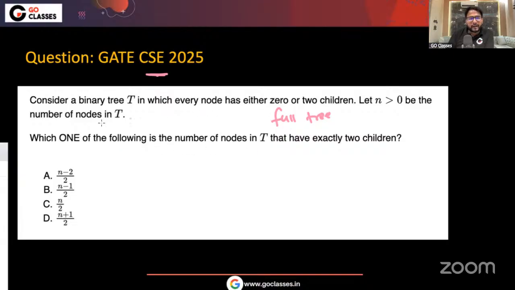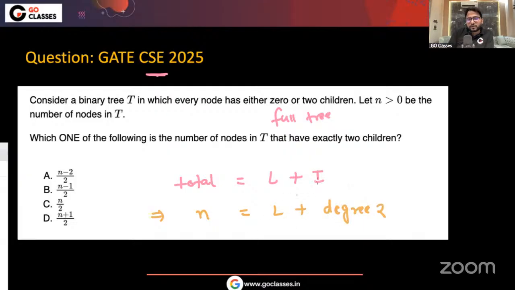So they are saying n is the number of nodes. N is the total nodes. See, total nodes are n, which are basically leaf plus internal. But interestingly, in the full binary tree, internal nodes are nothing but degree 2, right? And I also know that degree 2 are nothing but leaf minus 1.